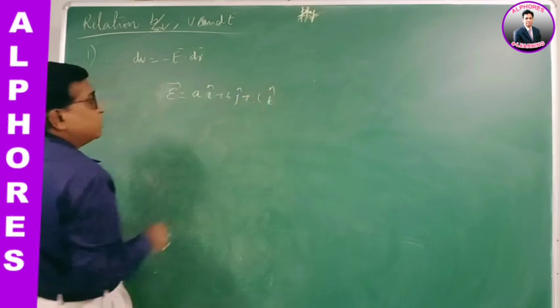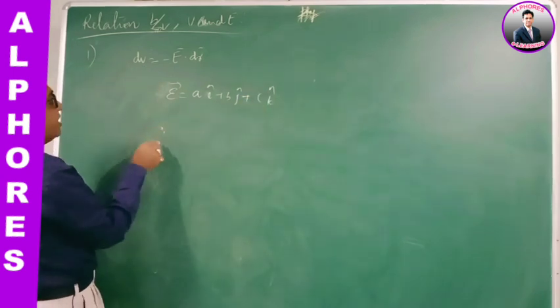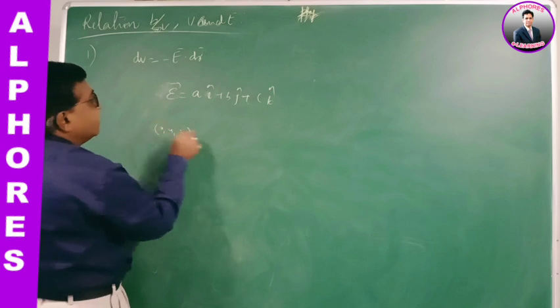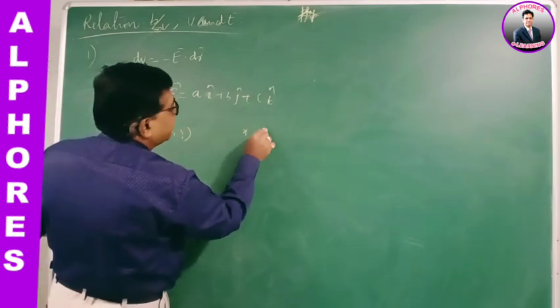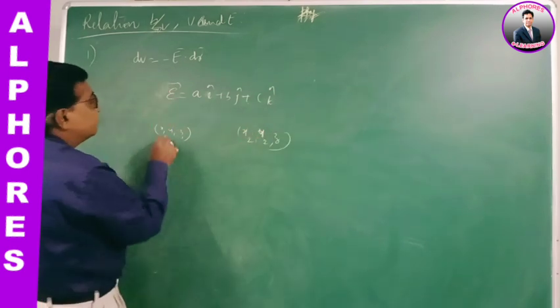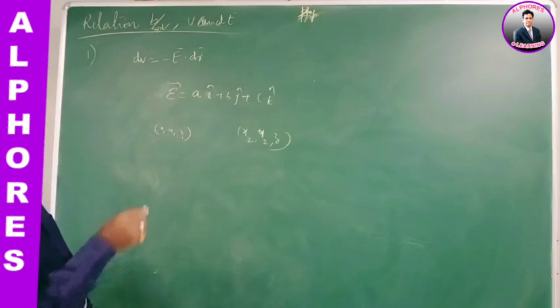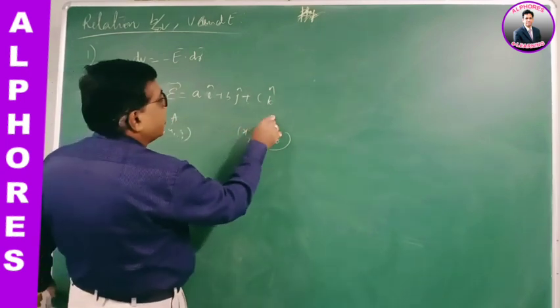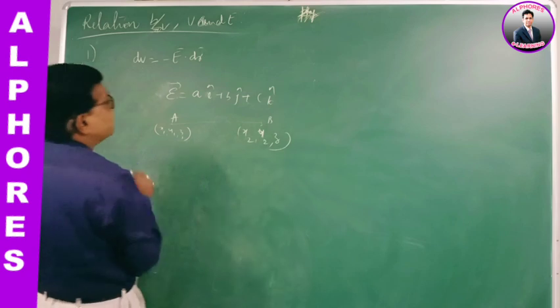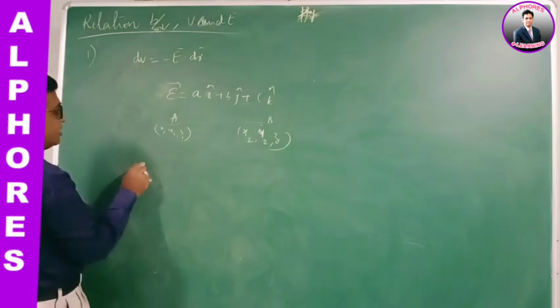What is the potential difference between the point x1, y1, z1 and another point x2, y2, z2? This time in vector form. So, initial point A, final point B, potential difference between these two.